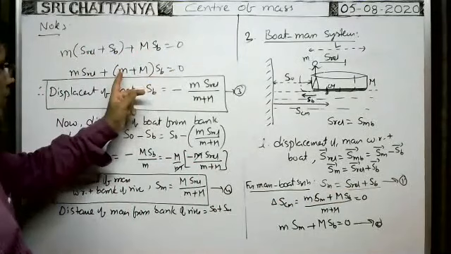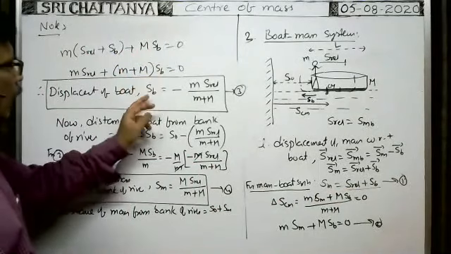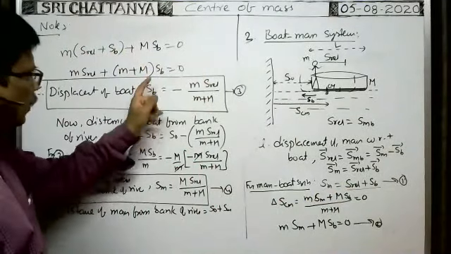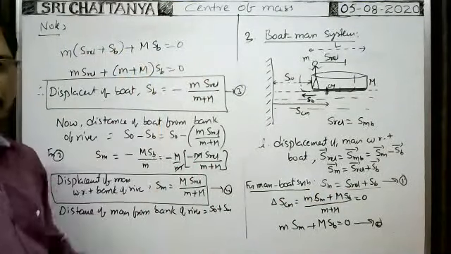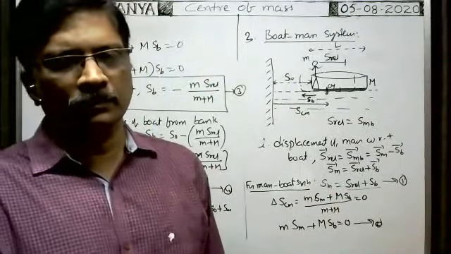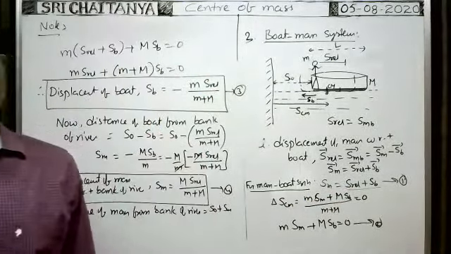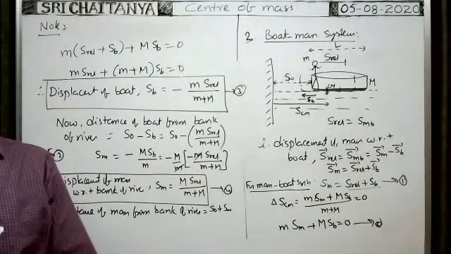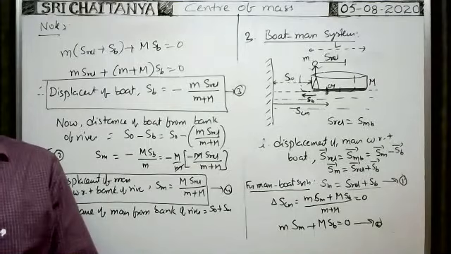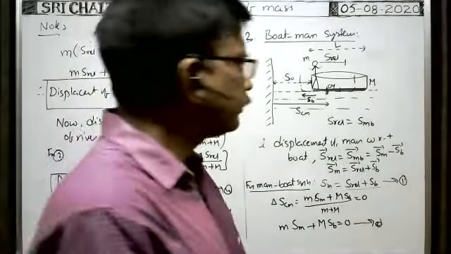SB I have taken common. (m plus M) into SB is equal to 0. Then what is SB? SB is equal to minus m SL2 by (m plus M). Okay, Raj, have you understood? Okay, right.